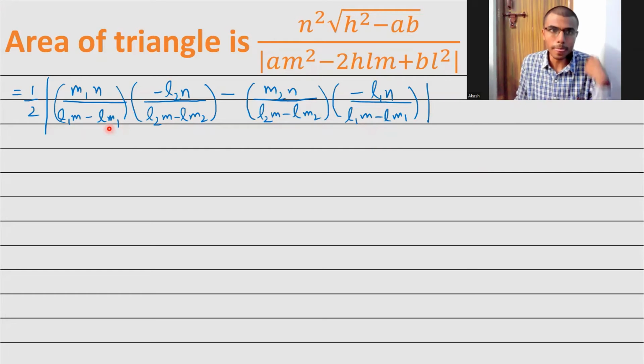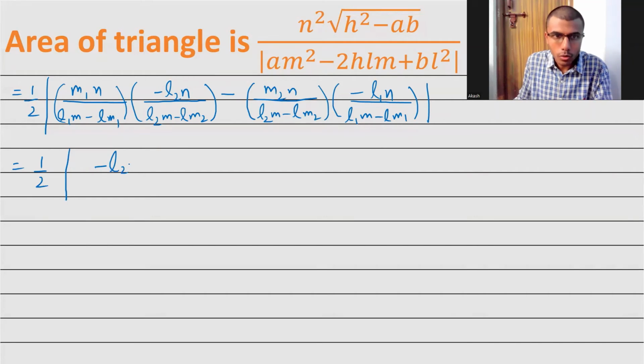Now I can perform the operation on the numerator. It's half into mod. Observe this: m1n into minus L2n. So n into n is n square. So ultimately I'd be left with minus L2 m1 n square, and minus into minus here gives plus L1 m2 n square.